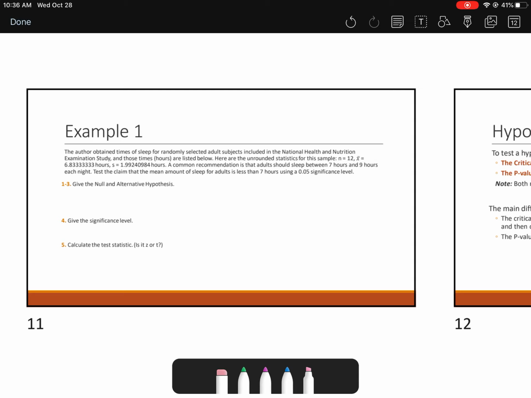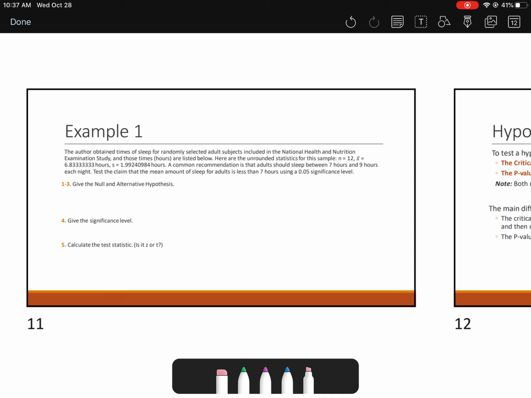So, let's look at this first example. The author obtained times of sleep for randomly selected adult subjects included in the National Health and Nutrition Examination Study, and those times in hours are listed below. Here are the unrounded statistics for this sample. So n is 12, so that was our sample size. Our sample mean was 6.833333 hours.